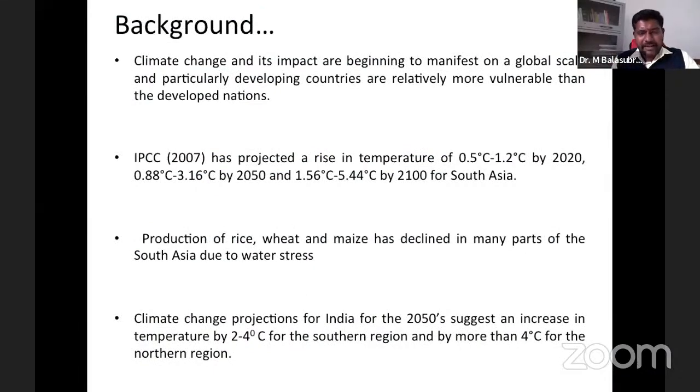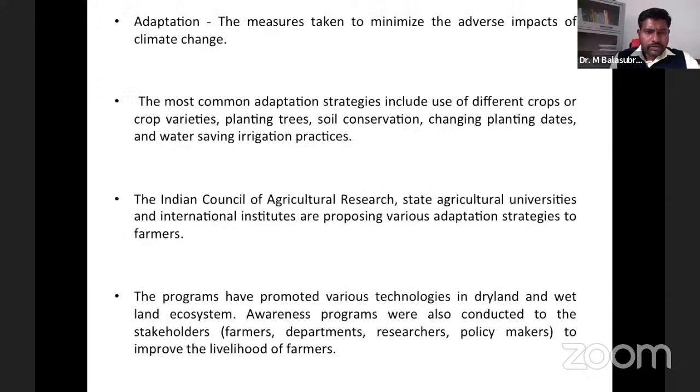Climate Adopt is the major funding program for this study, so it may not be needed for your purposes here. The point to see here is what adoption strategies we followed in this model: using different crops or different crop varieties, tree or soil conservation, changing planting dates, or water saving irrigation practices. Why did I mention these five adoption strategies?